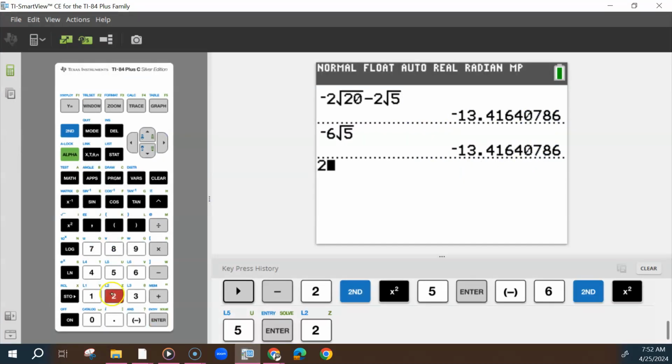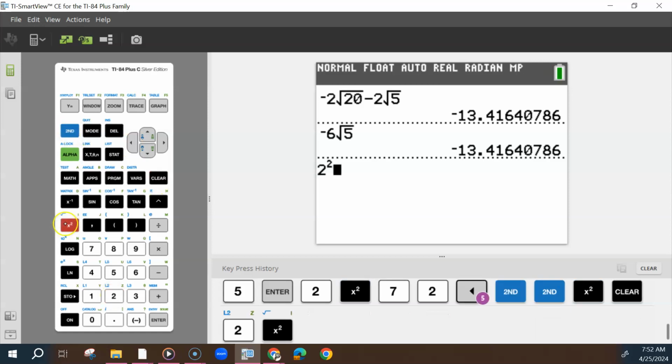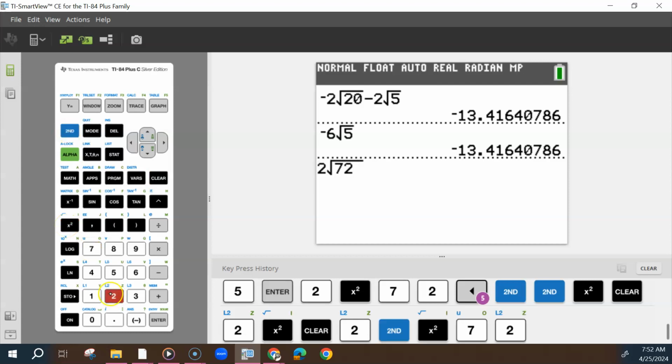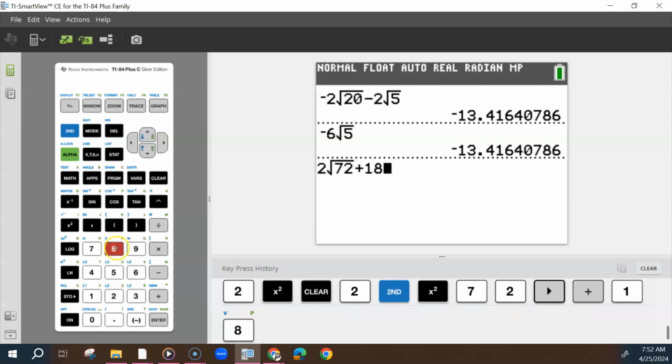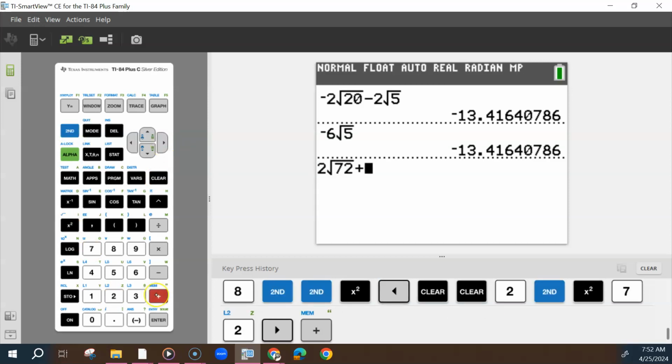So we have 2 root 72. Plus 18. What was that?